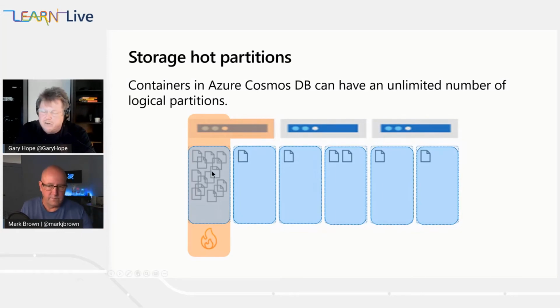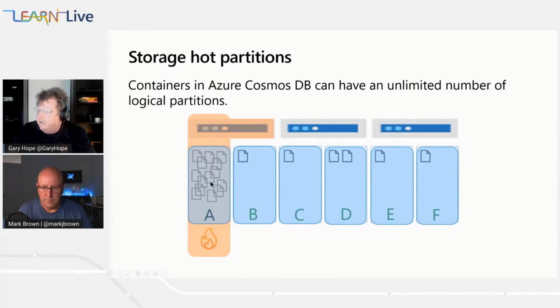If I end up with a scenario like this, where I have all the data residing on a single physical partition, I'm going to run into the limits of that physical partition. So I want to choose a partition key that has high enough cardinality to distribute the data out evenly across all of those nodes, because it uses that partition key to distribute it correctly.